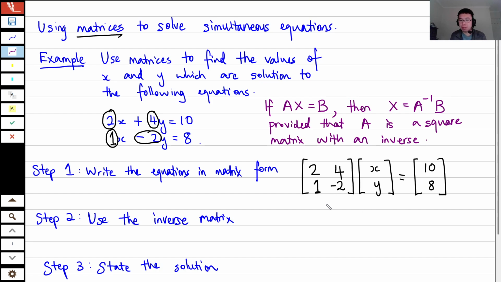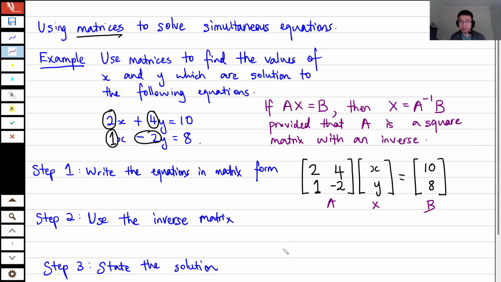So in class, I wrote the letters capital A, capital X, and capital B underneath these matrices to try to make it clearer for you. So now that we've done that, we're going to go from this equation to this equation. So let's go ahead and do that.